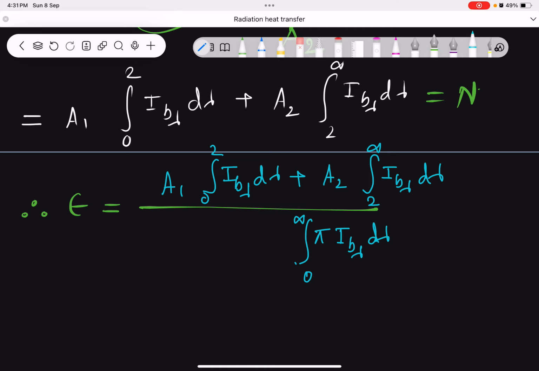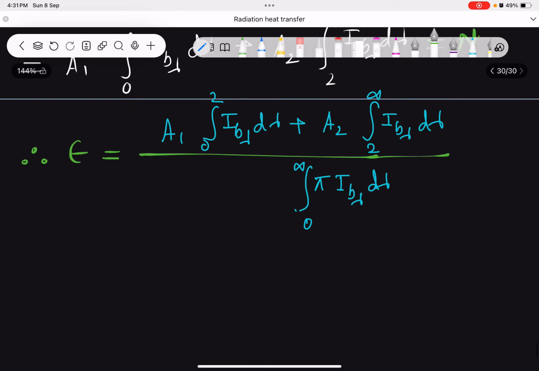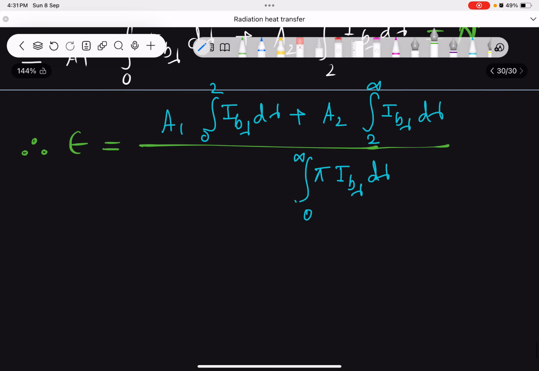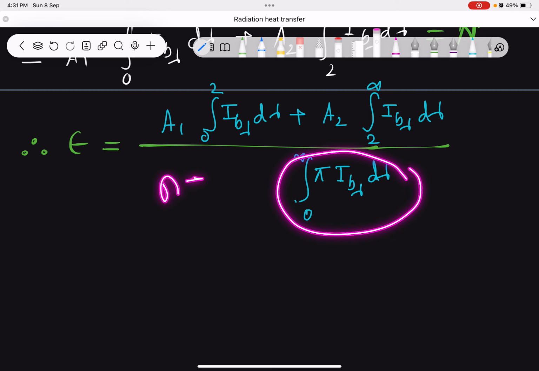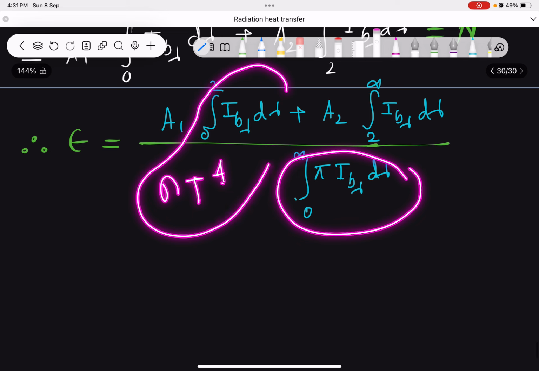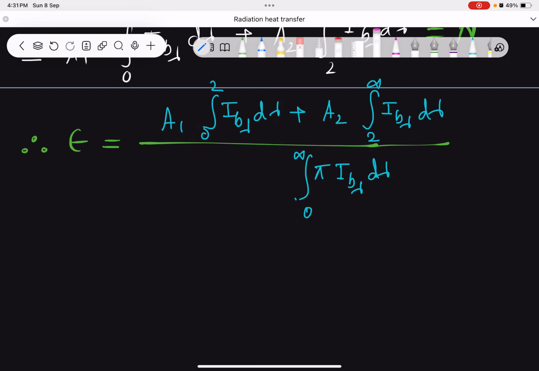Why have I told you the comparison between Eb lambda and Ib lambda? Because if you had written here sigma T to the power 4 instead, then you cannot write that this is equal to f of n, that is 1.